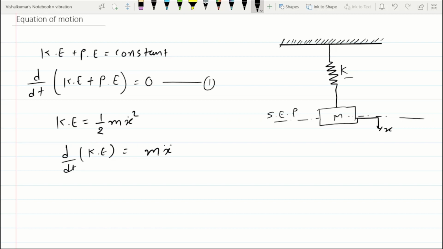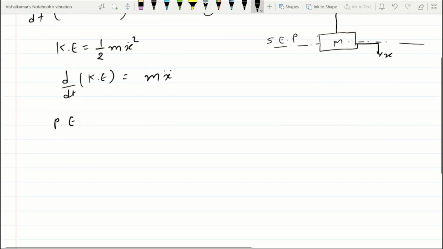Similarly, the potential energy is stored in the spring by virtue of its elastic deformation, and the potential energy can be written as 1/2 spring constant times deflection squared.